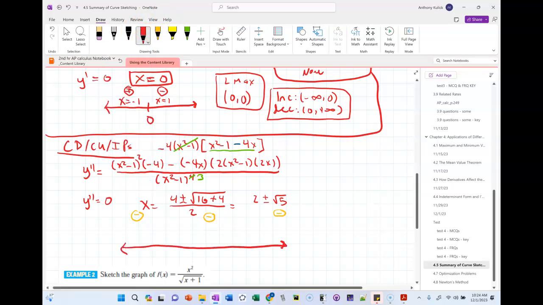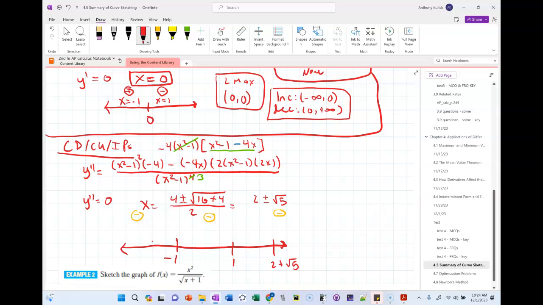All right, let's try this one more time. We know we're going to have -1, we know we're going to have +1, and we know we have 2 plus √5 out there. 2 minus √5: √5 is a little bit more than 2, right? Because √4 is exactly 2. So 2 minus √5 is going to be a little less than 0.